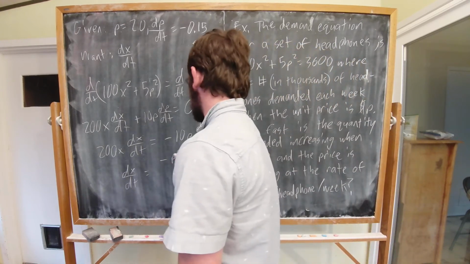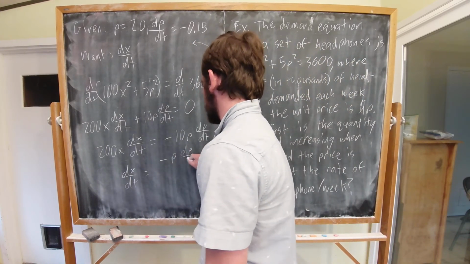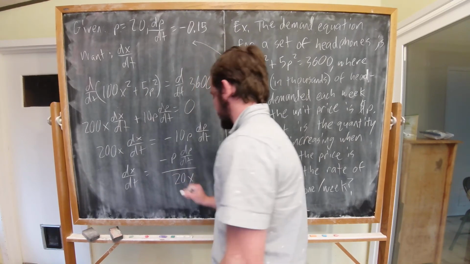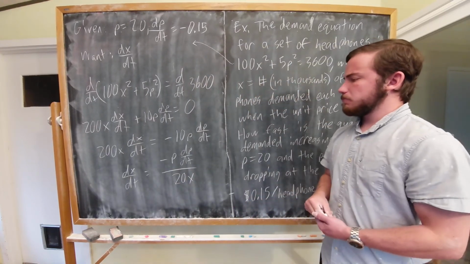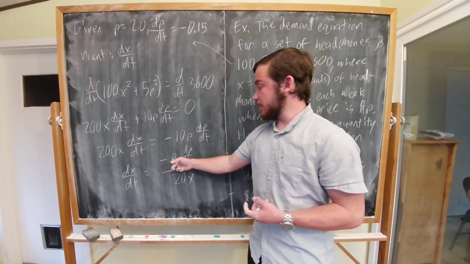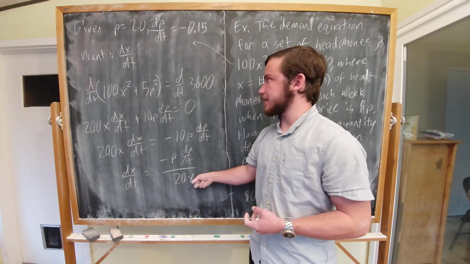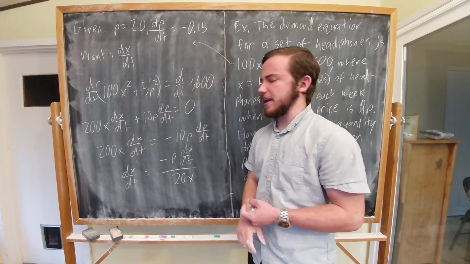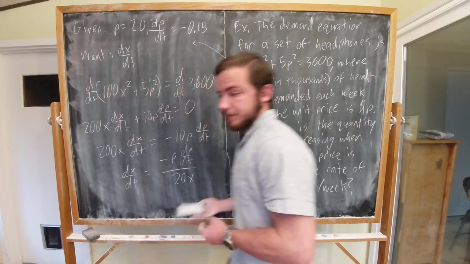So we're going to have negative p dp/dt over 20x. All right, that's dx/dt, and it's depending on p, dp/dt, and x. We know p, we know dp/dt. I still need to find that x. So let's do it.